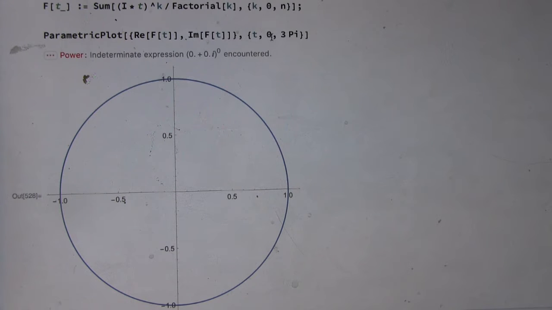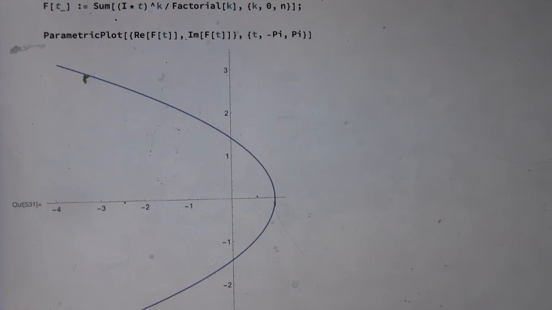Let's see what happens if we go back to 2 terms and go from minus pi to pi. Oh, nice. Okay, that's a great thing to look at.